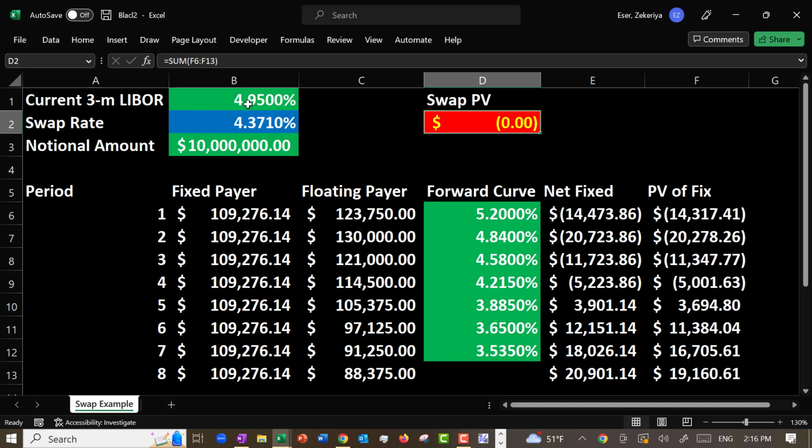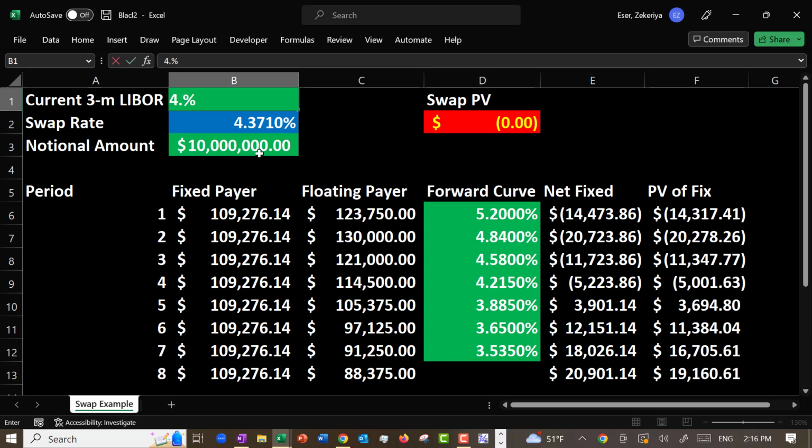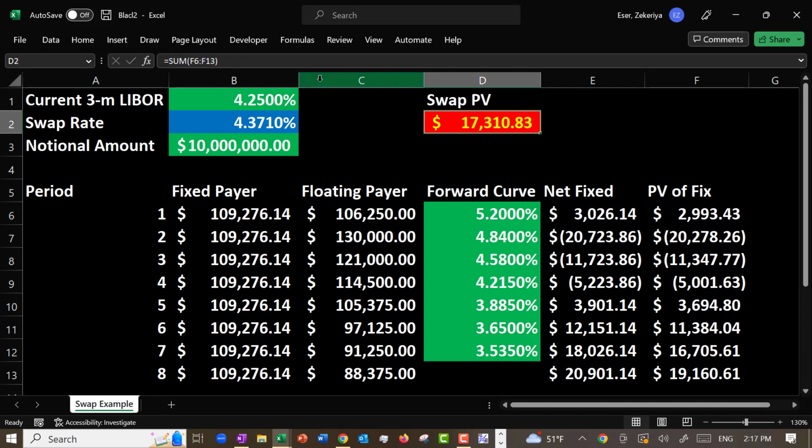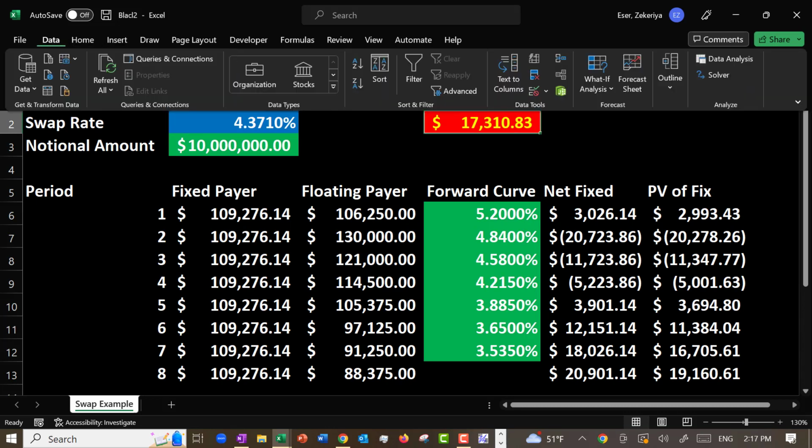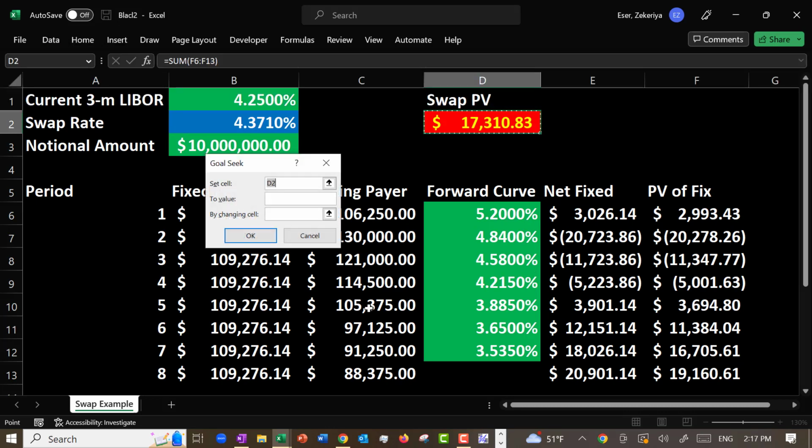Suppose this went down to 4.25 for some reason. All I have to do is do my goal seek again. $4.28, right?